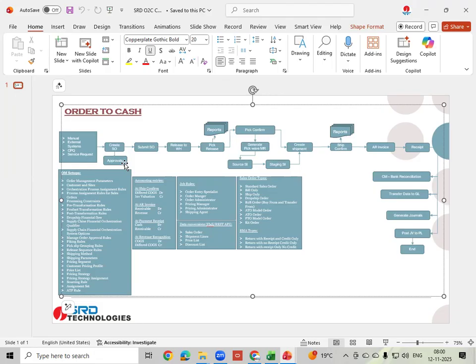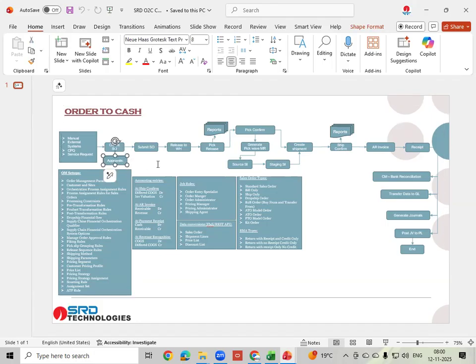If any changes are required, he will send it back to the user preparing this sales order. So he will update it again and send it for approval. But this approval is not mandatory in the O2C cycle for the sales order, in standard functionality, I'm talking.